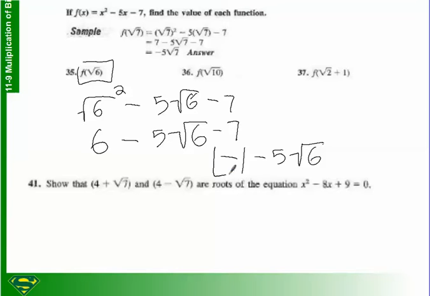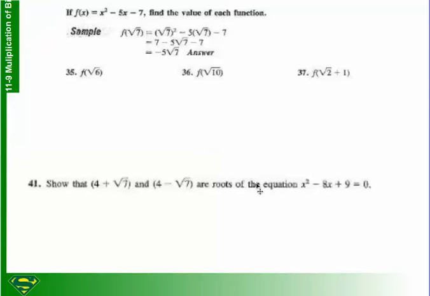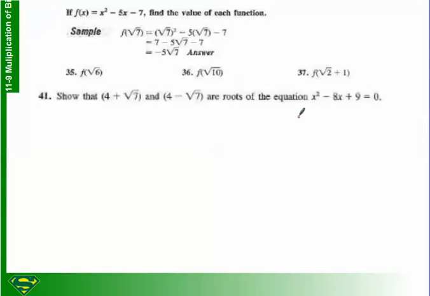So this is our answer. And then for number 41, it says show that 4 plus the square root of 7 and 4 minus the square root of 7 are roots of the equation x squared minus 8x plus 9 is equal to 0. So basically x is going to be 4 plus the square root of 7.